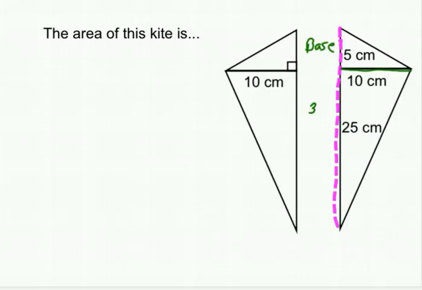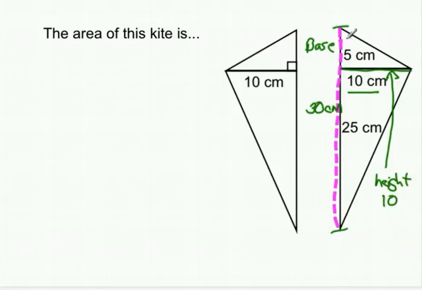So our overall base is going to be 30 centimeters, because it goes from here all the way to there, and we have to add 25 plus 5 to get our base. And then our height, of course, is that line, which is indicated by 10 centimeters. So our height is going to be 10 centimeters.